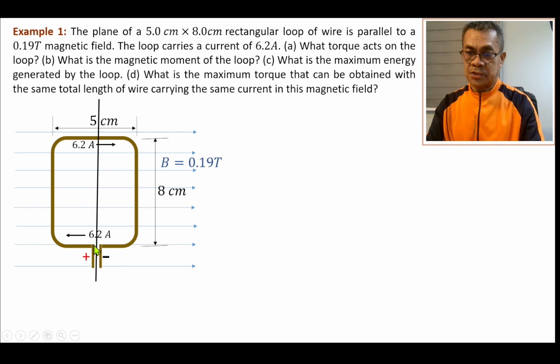Very important. Then take note of the force: if you use the right hand rule on this segment, the force is inward. In the opposite segment, it's outward. Therefore the forces here don't have a torque, meaning there's no contribution to rotation.